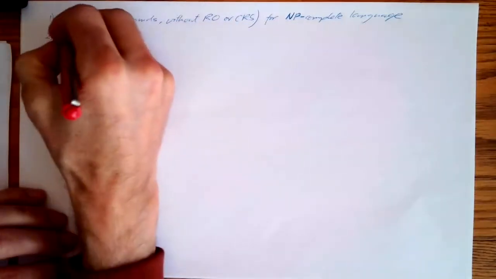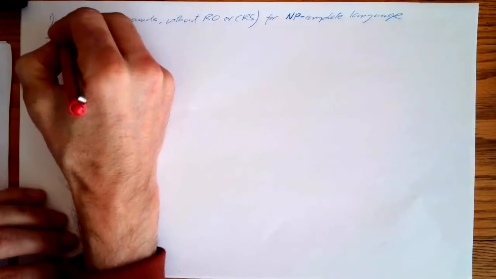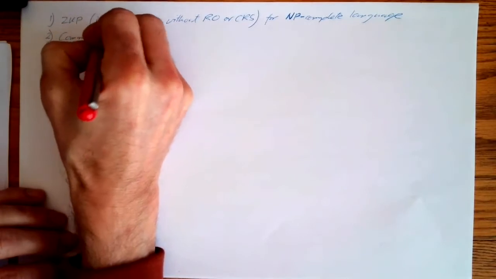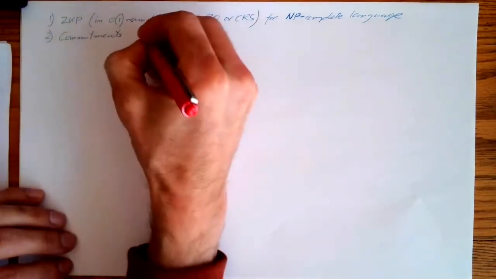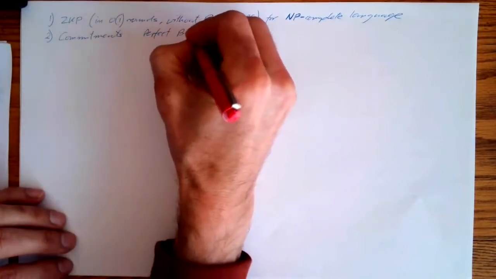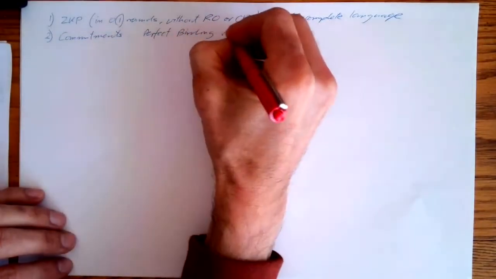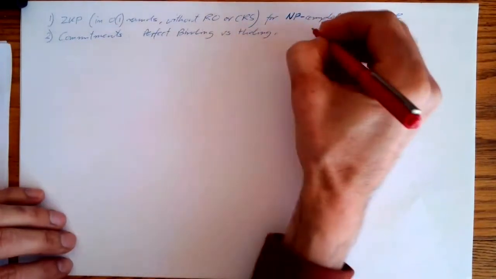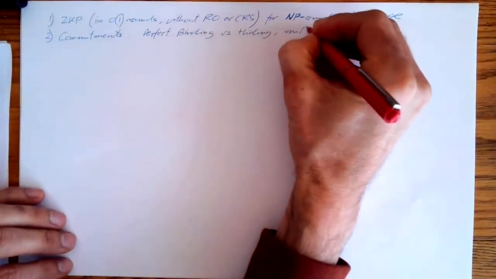As part of this, we should talk a little bit about commitments. So, as we saw last time, it's perfect binding versus perfect hiding, and also malleability issues.